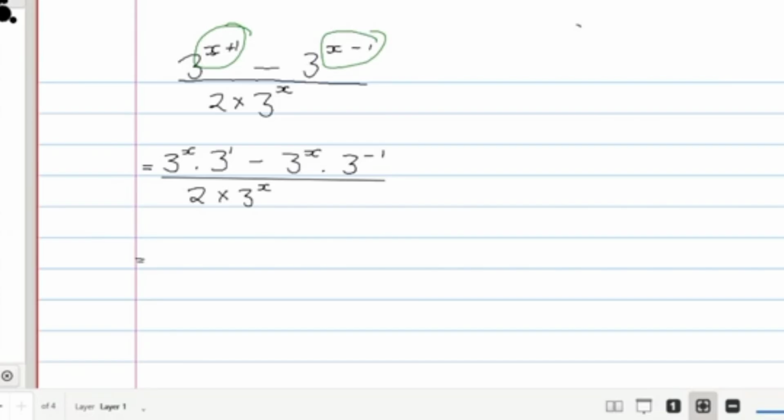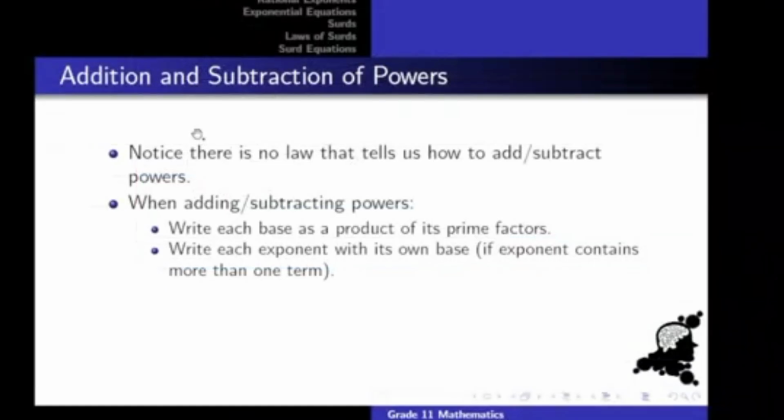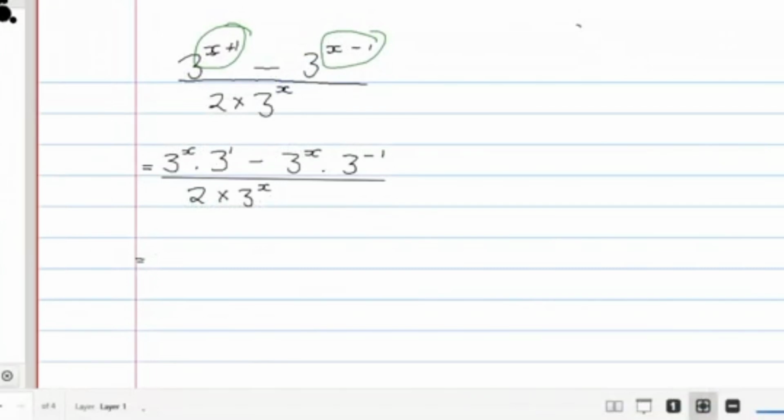Now we factorize. The next step is to factorize. When we look at the numerator, our numerator has 3 to the power x and 3 to the power x.